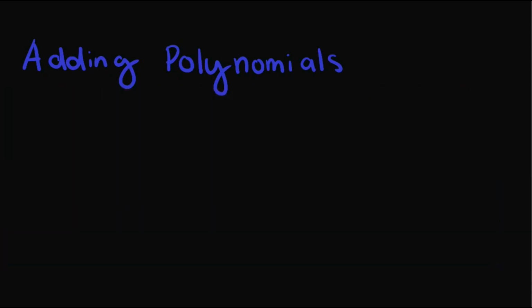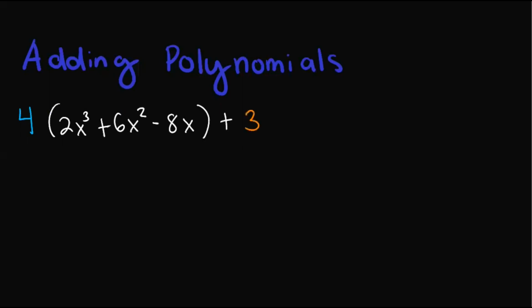Let's have this one last example. If we have 4 times 2x cubed plus 6x squared minus 8x plus 3 times 3x squared minus 6x cubed plus 10x.